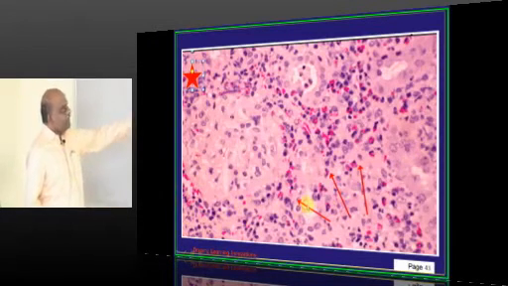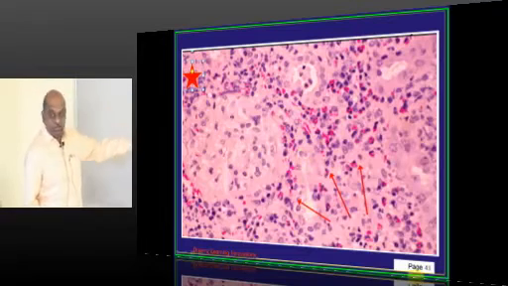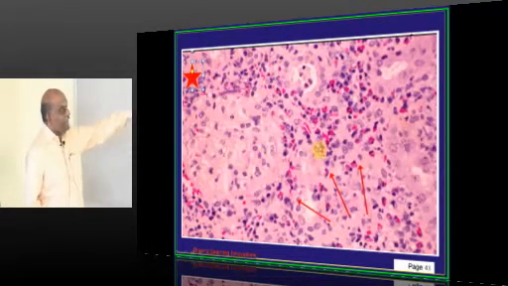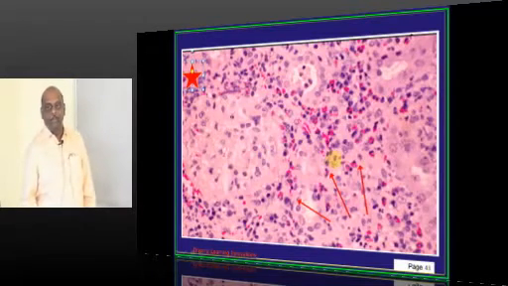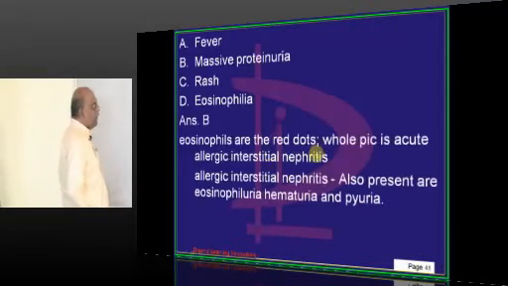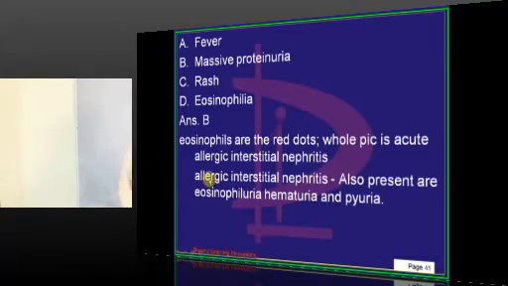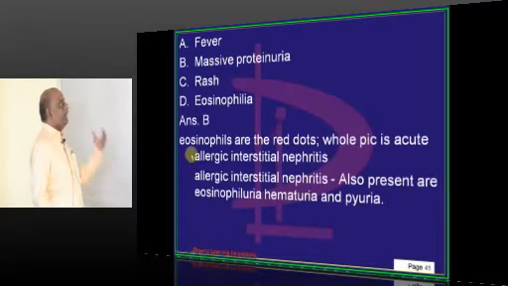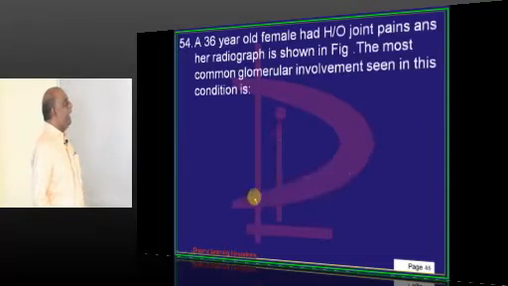A renal interstitium is not supposed to have this many eosinophils. What is the triad of clinical features which you see in case of interstitial nephritis is my question to all of you. Fever, rash, eosinophilia is what you have to basically understand.